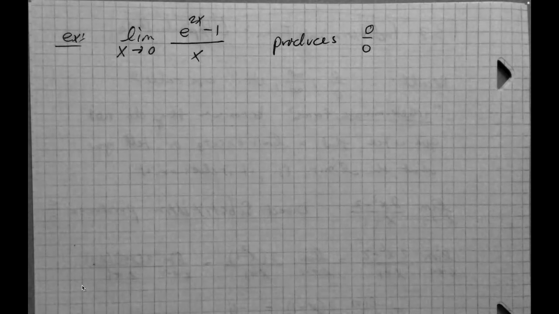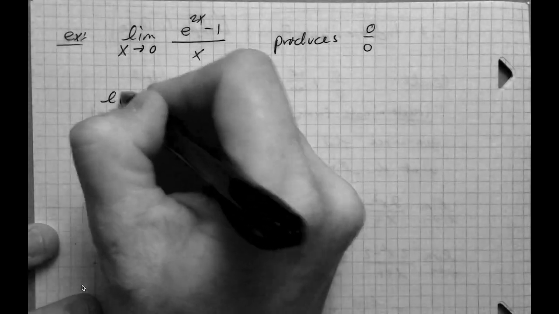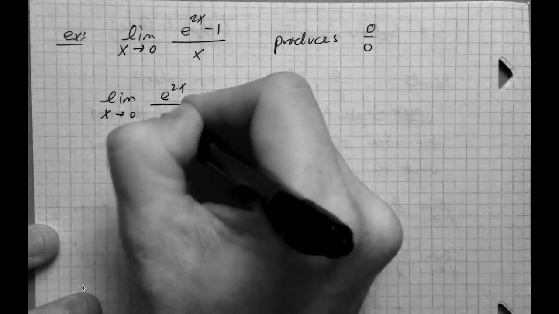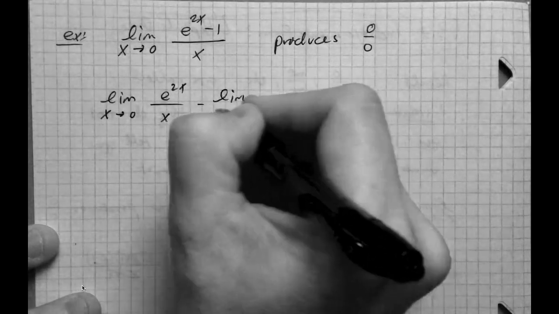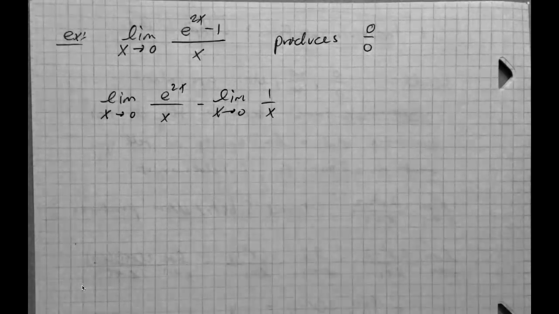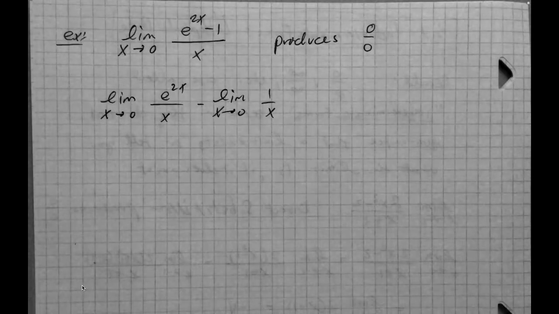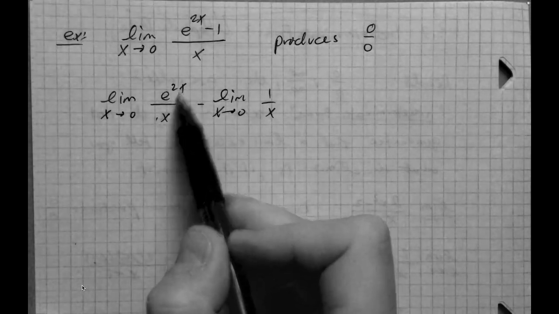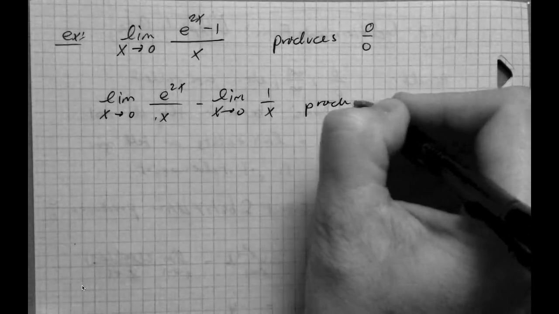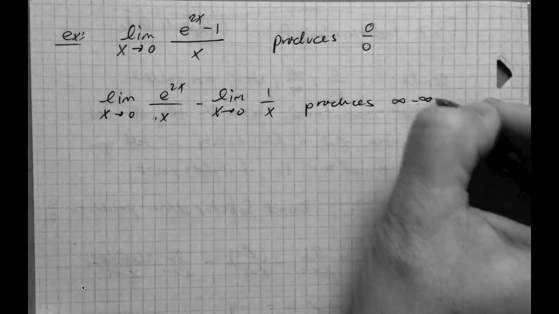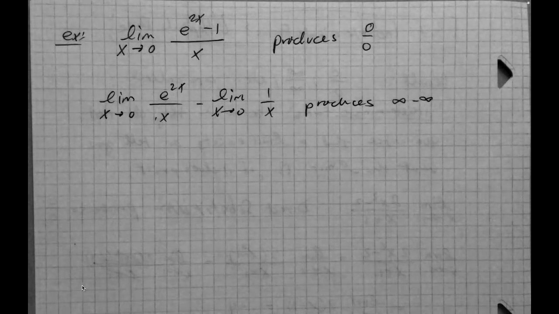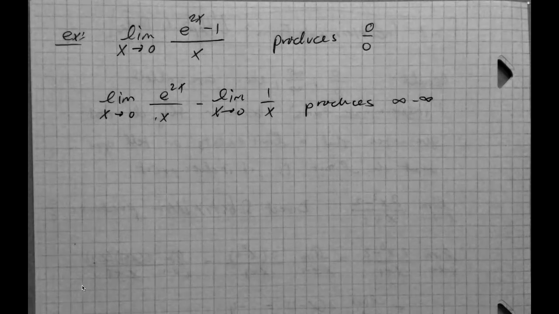And if there's some rewriting you could try, maybe you could do something like this, 1 over x. Right, and in this case, what do you get? Well, this is going to be infinity minus infinity, which is another indeterminate form, right? Anytime you're subtracting infinity from infinity, you're looking at it wrong, right?